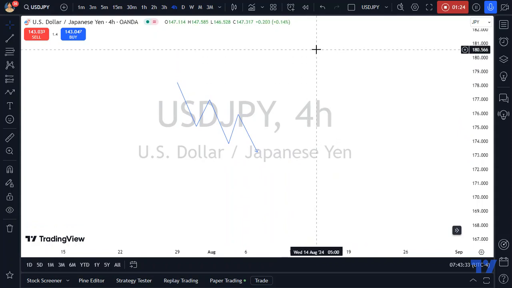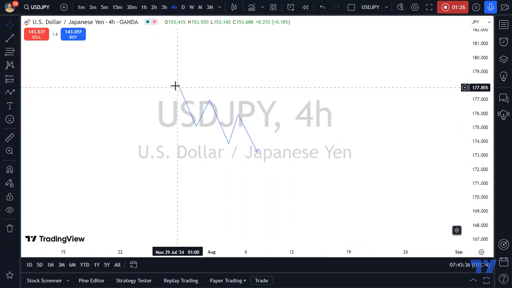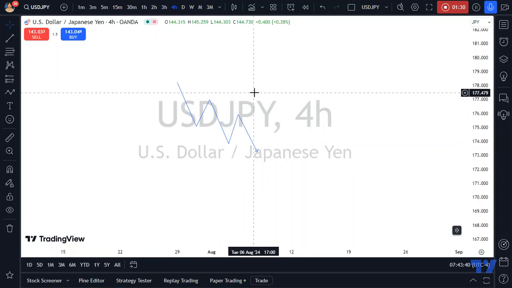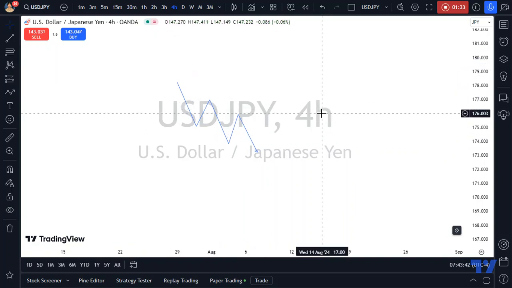But the elements of the market, which is the way in which the market moves. So we have expansion of price, then we have reversal. Okay, let me just type this out.